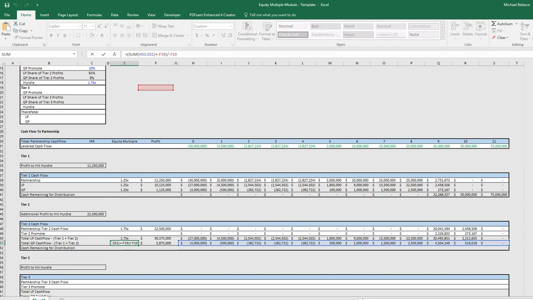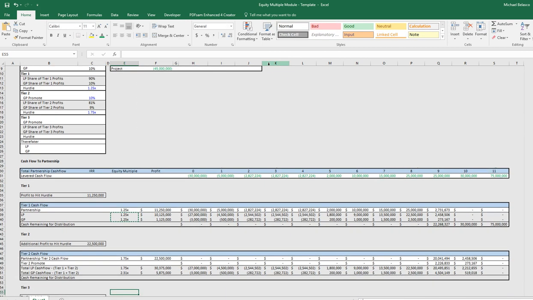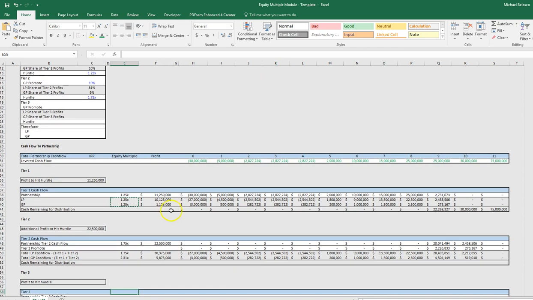All right, so we'll see our LP is at 1.75. And our GP is at a 2.31 now with the promote. All right, so let's do the cash remaining, which is cash flow less cash flow in tier 1, less cash flow in tier 2.